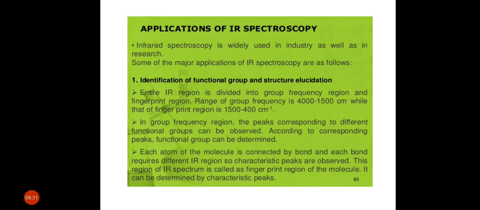Each atom of the molecule is connected by bonds, and each bond requires a different IR region, so characteristic peaks are observed. This region of the IR spectrum is called the fingerprint region of the molecule, and it can be determined by characteristic peaks.